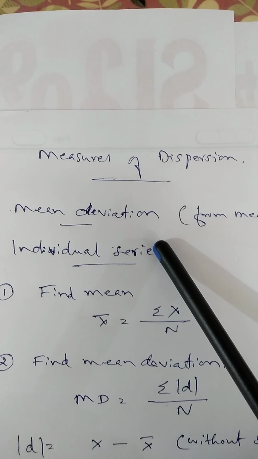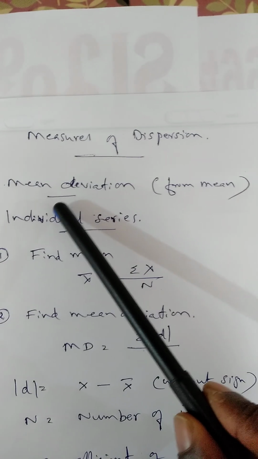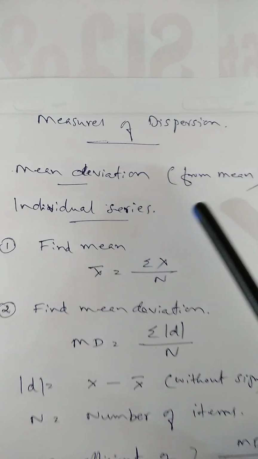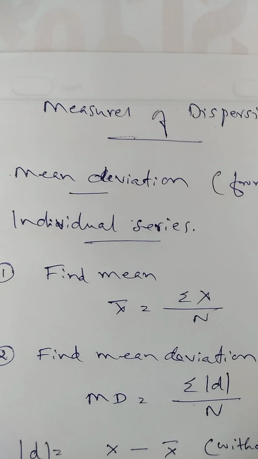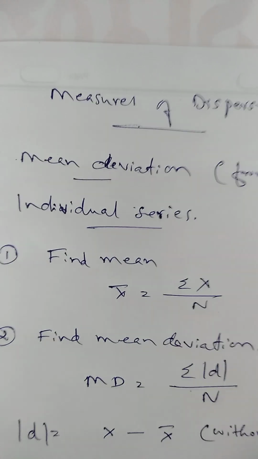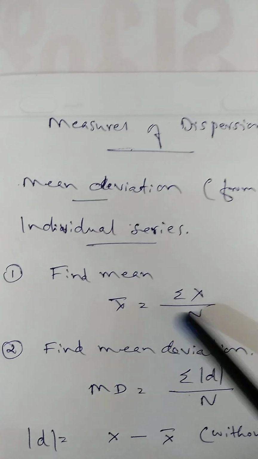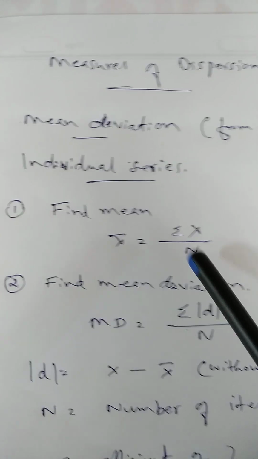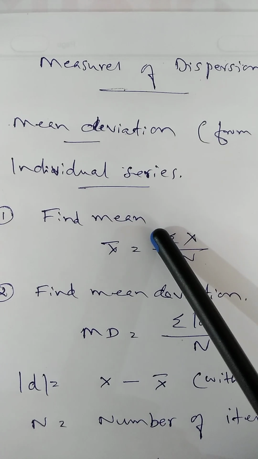Actually, we are discussing mean deviation from mean under individual series. To get a mean deviation from mean under individual series, we have to follow two steps. The first step is find a mean.